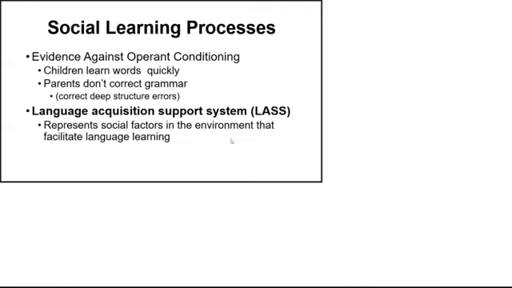So that rapid spurt of learning that we see when children are learning up to 20 plus words a week, that's so far beyond what they should be able to take in, given just operant conditioning. That's too quickly for it to have just been caused by learning. There has to be something that facilitates that, some kind of biological underpinning.